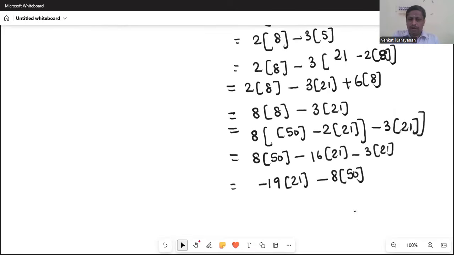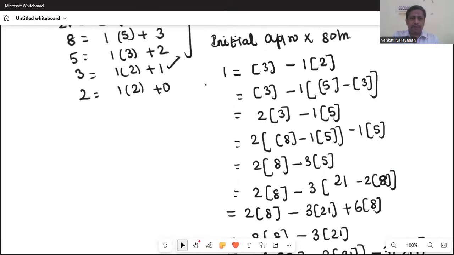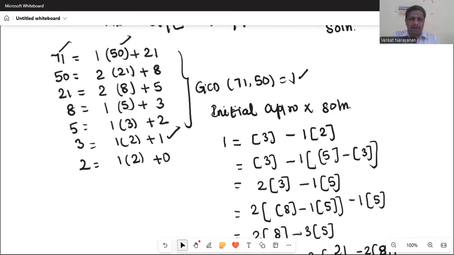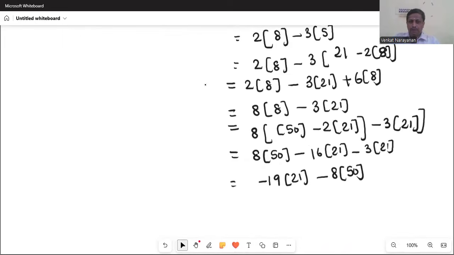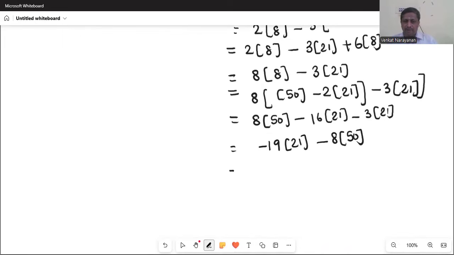Now 21 can be written, by the previous step, as 71 minus 1 times 50. So this can be written as minus 19 times 71 minus 1 times 50, plus 8 times 50.